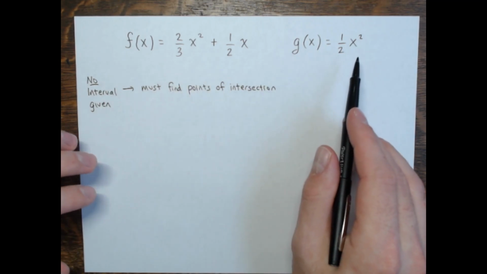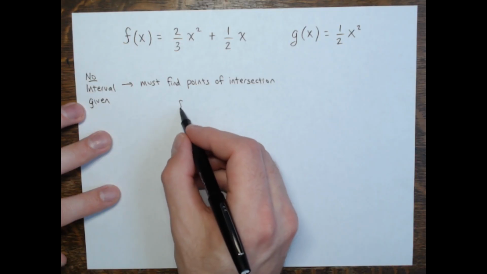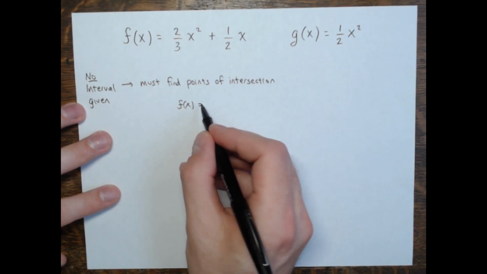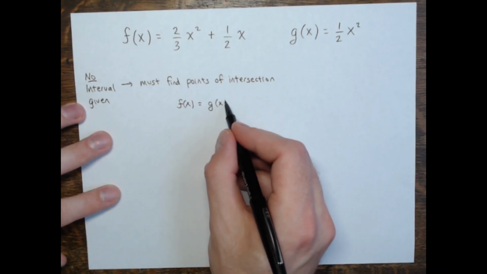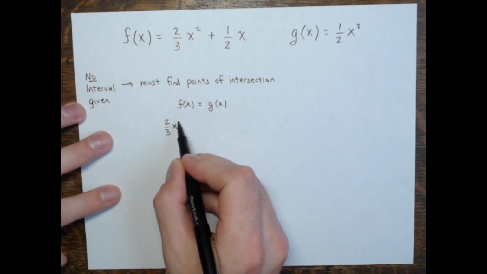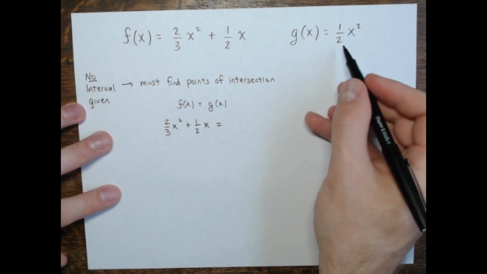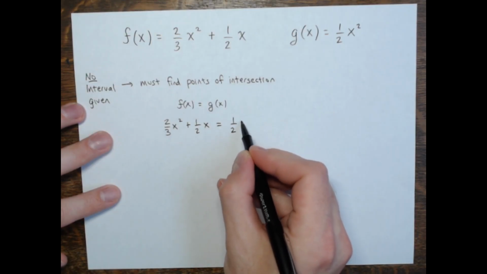So where are these outputs going to be equal to each other? Where is f of x equal to g of x? Solve this: 2/3 x squared plus 1/2 x, when's this going to be equal to half x squared?